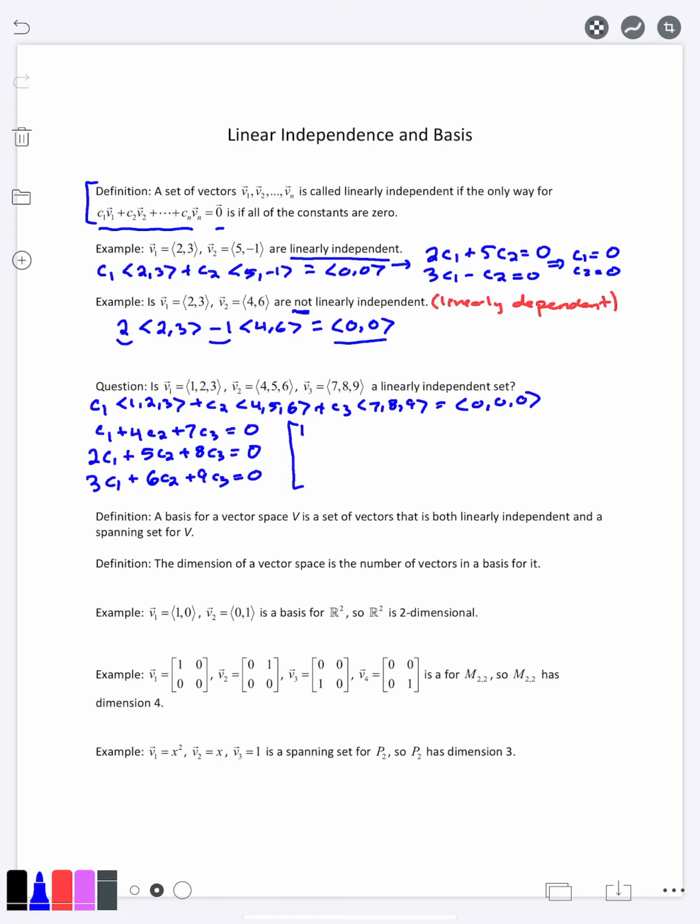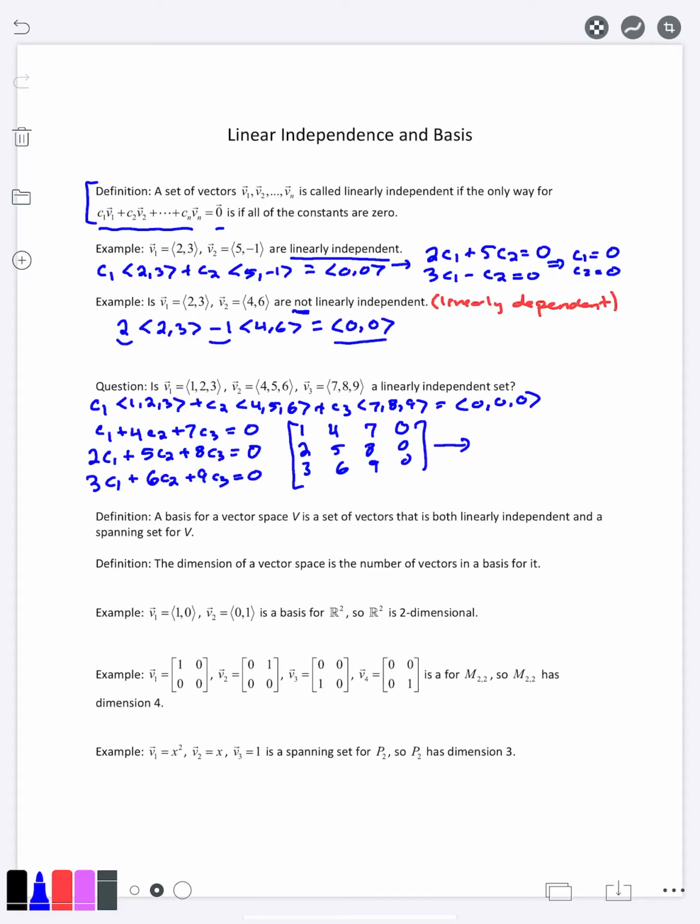If I put that into a matrix format here, I'm going to do my row reductions. To save room, I'm not going to do all the individual steps here, but you can work it out on your own and see if I get the right answer.